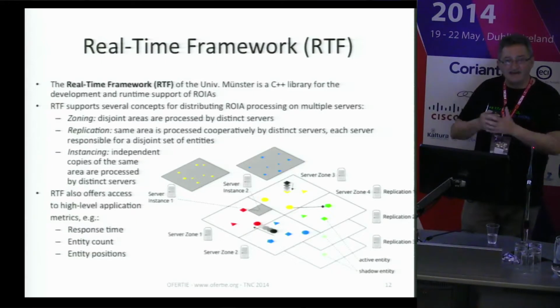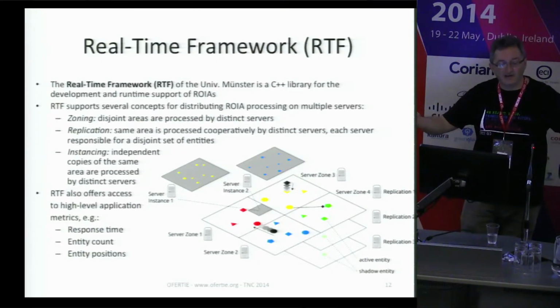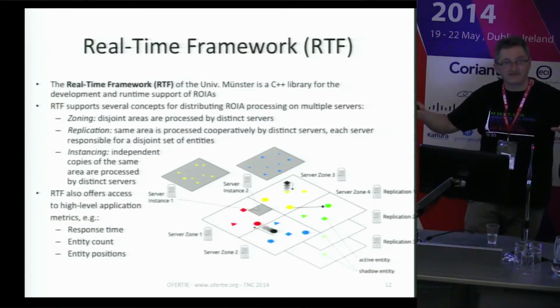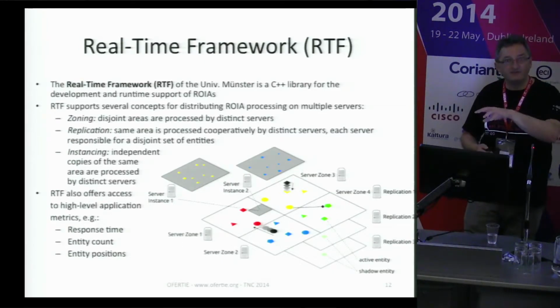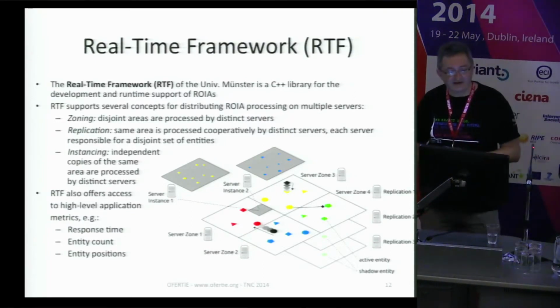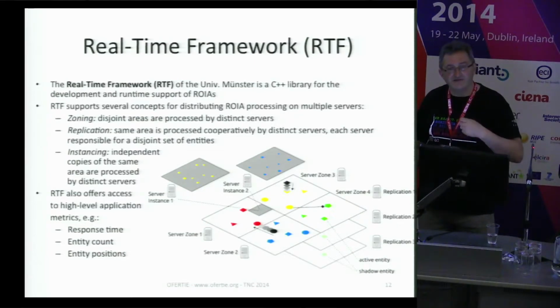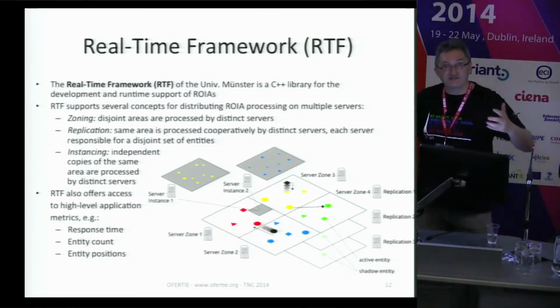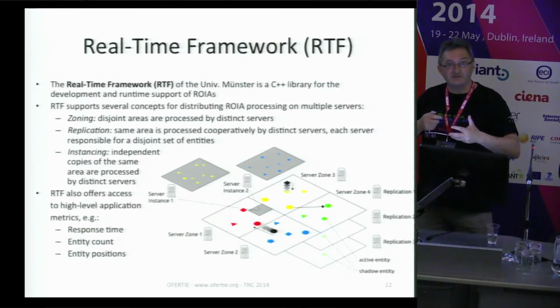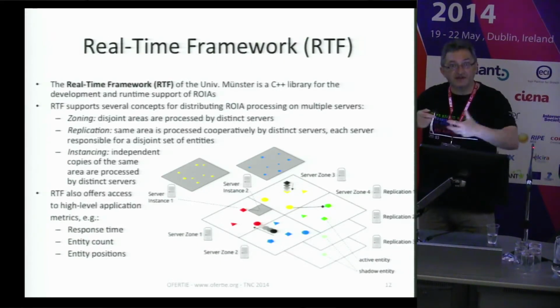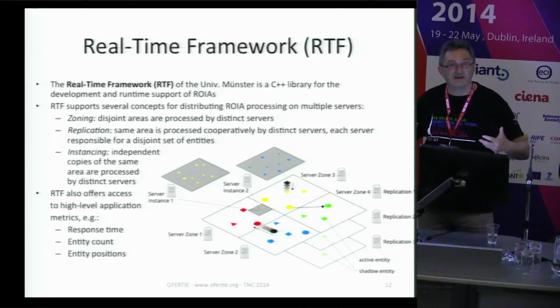In a map or an area, you can have certain areas of the map that are each controlled by different servers, and as objects move between those, the servers communicate so that the objects can move between them. You have the concept of replication as well, so that if you have a lot of activity in a single area, you can distribute the processing of the objects in that area between multiple servers, even though those objects are in an overlapping area.